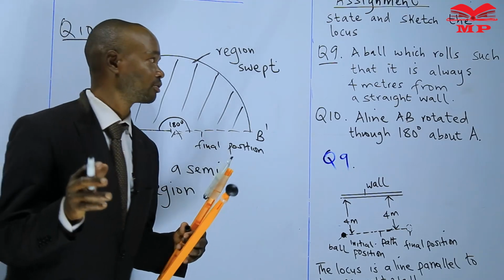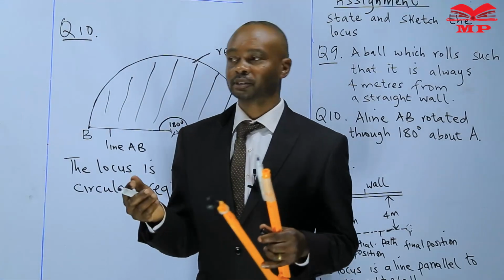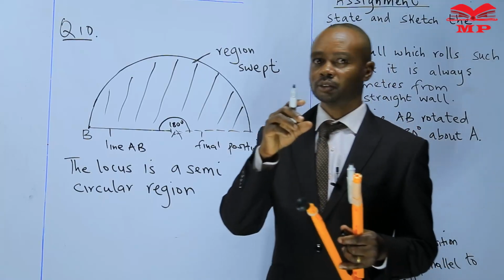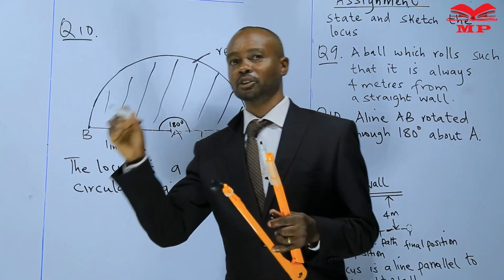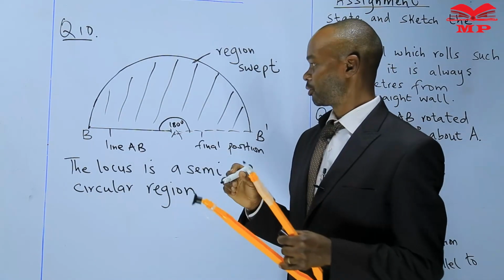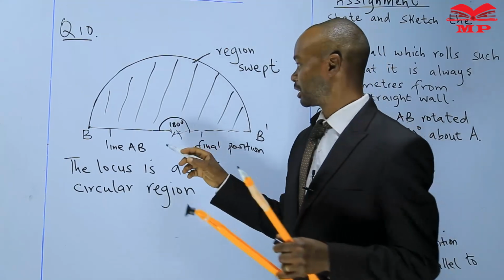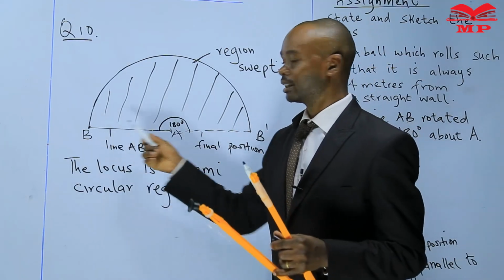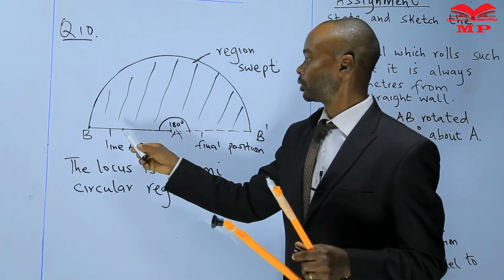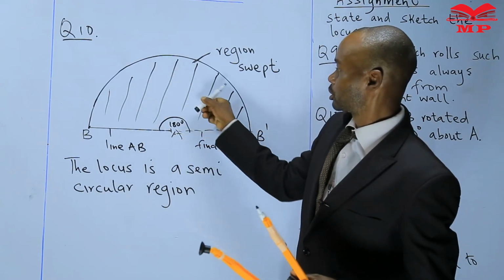What played importance there were the laws. From our definition of the locus, we had the law or laws. Our law there was 180 degrees, and then the line. Every point on that line sweeps all over.